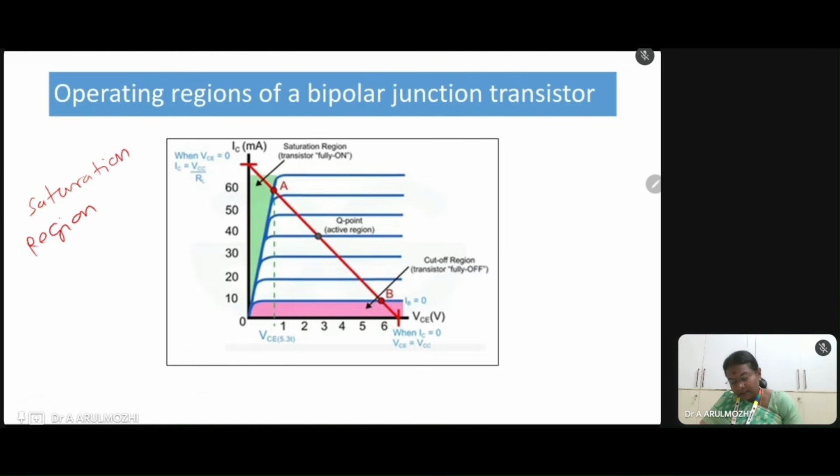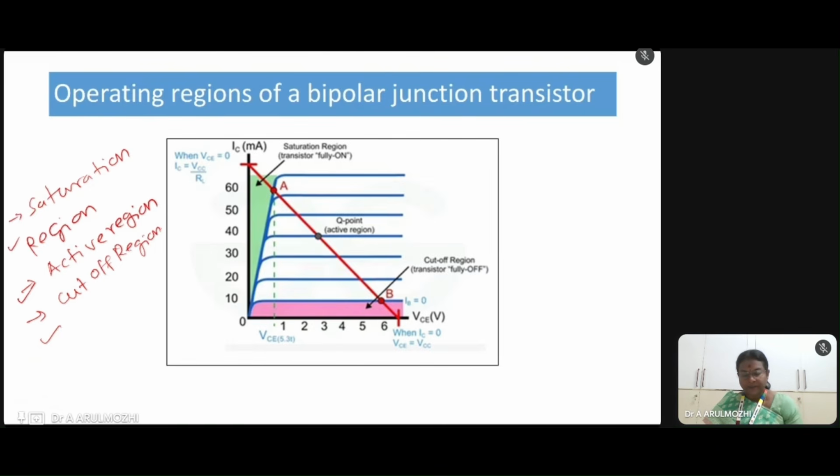The second one is our active region. The third one is the cutoff region. These are the three main operating regions of a bipolar junction transistor.